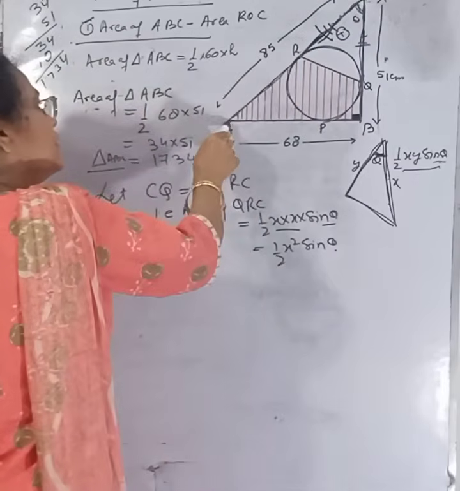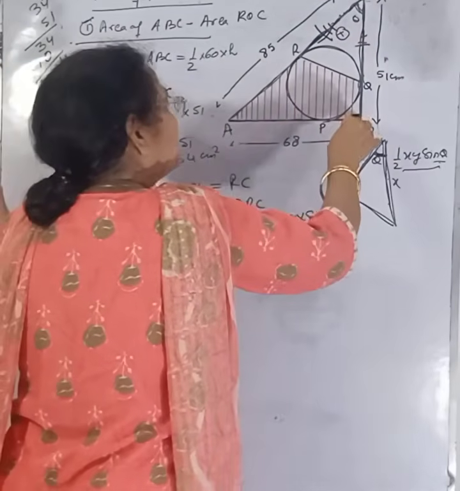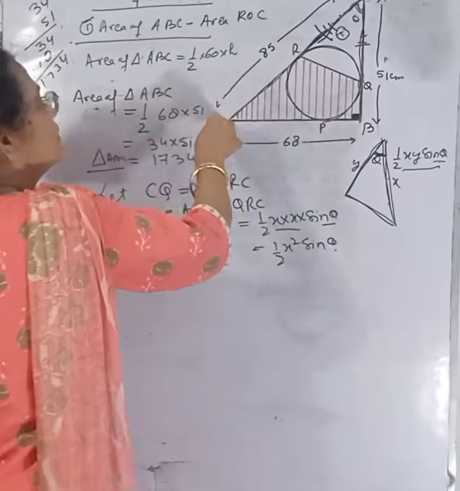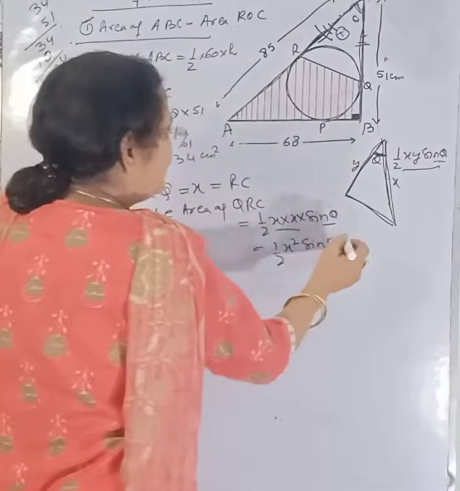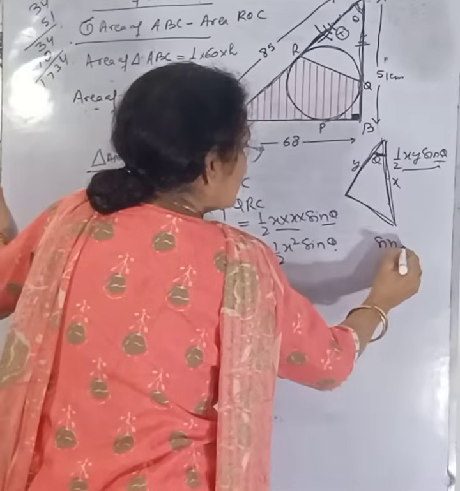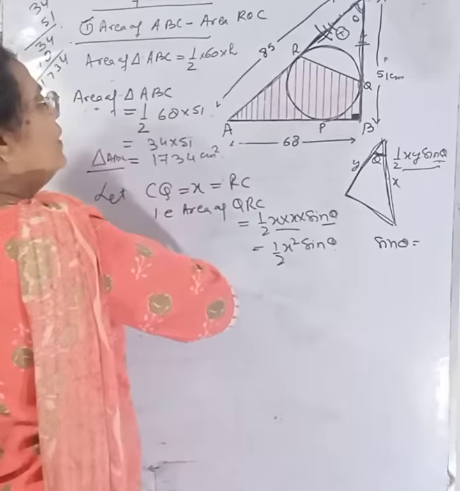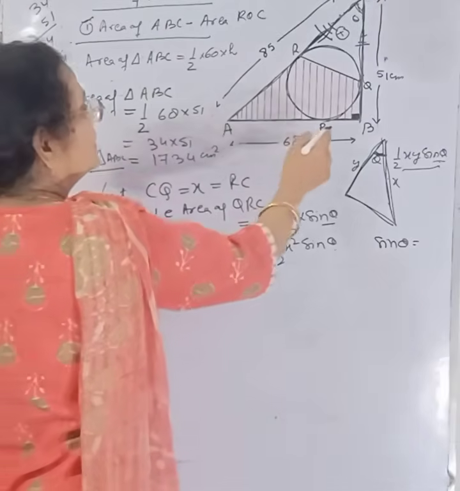For this theta, this is base 51 and this is hypotenuse 85. It means sine theta will be equal to perpendicular upon hypotenuse.